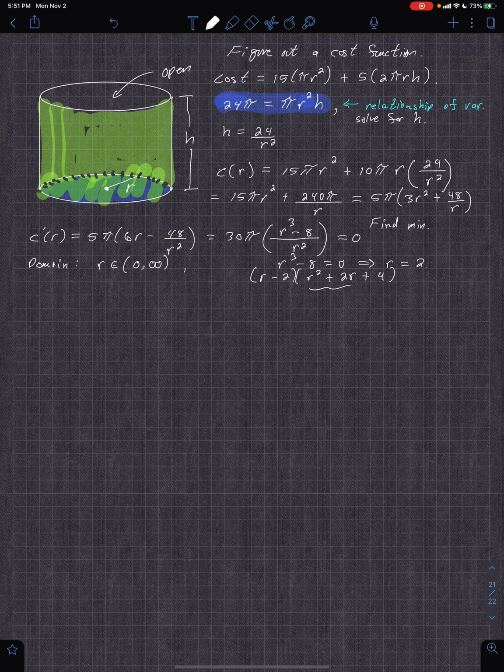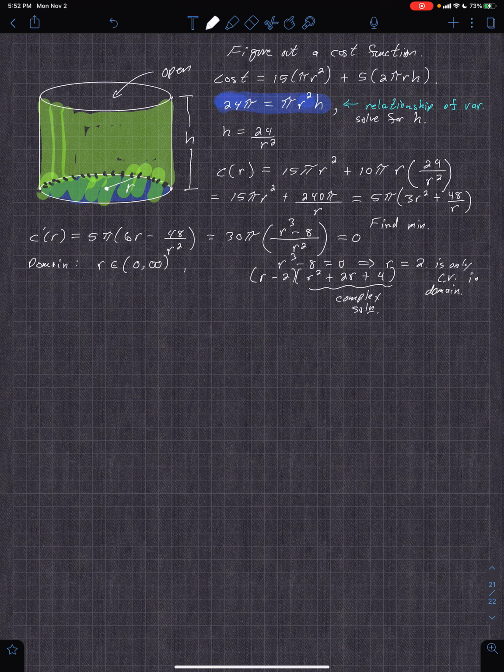And so that's complex solutions. Okay, so r equals 2 is the only CV in the domain.